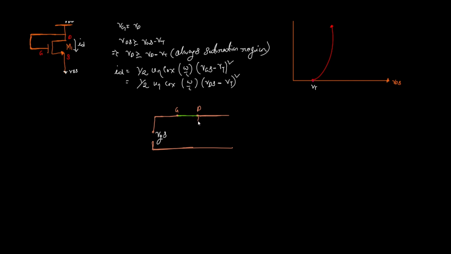The next thing is to write a dependent current source, which is gm VGS, right?